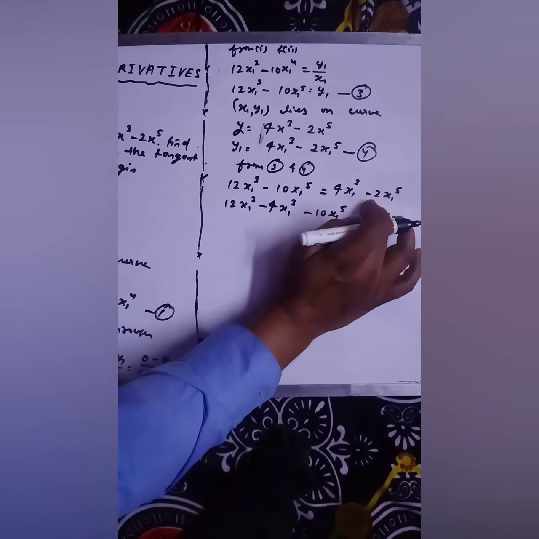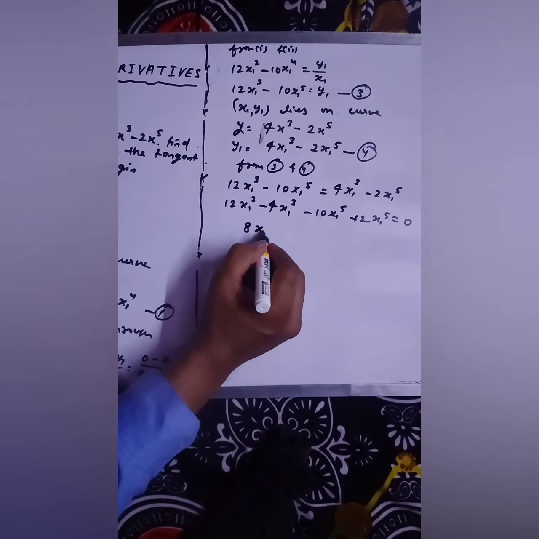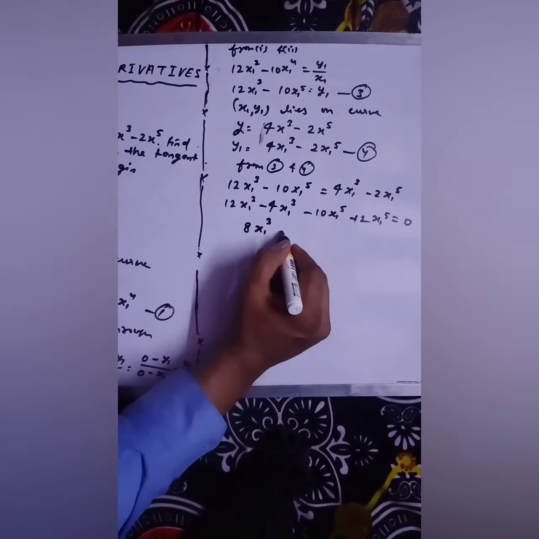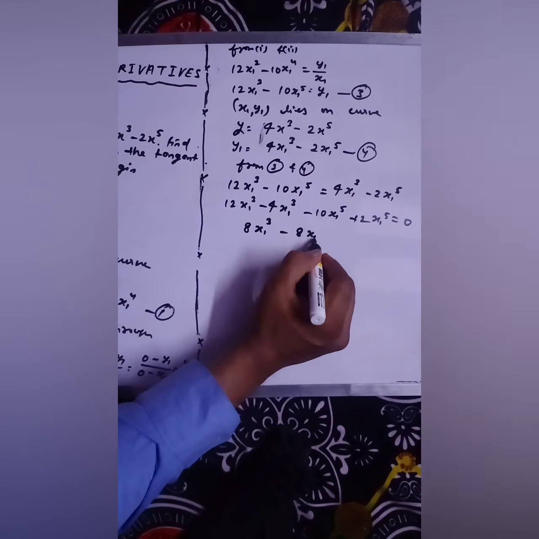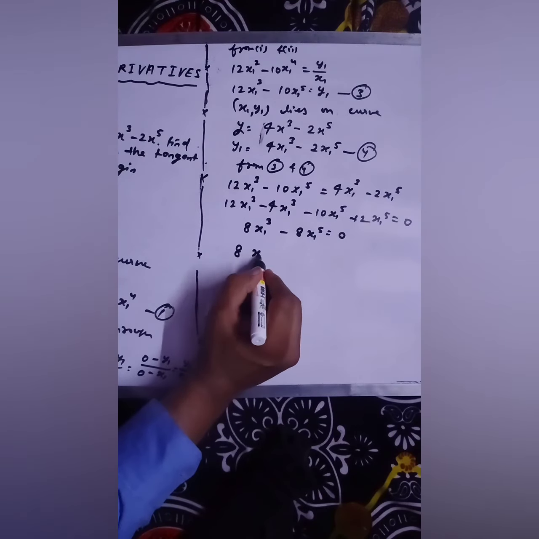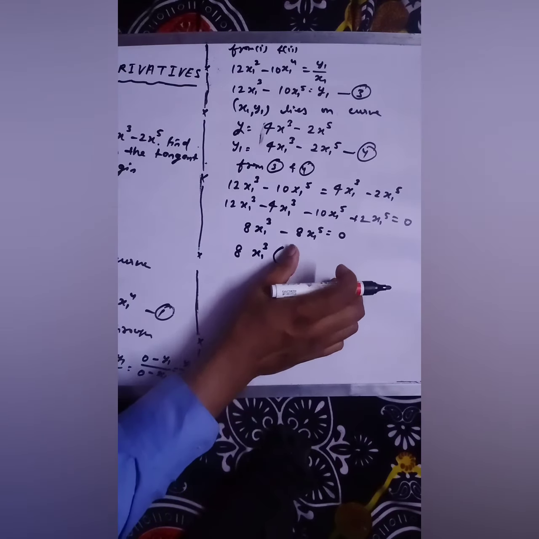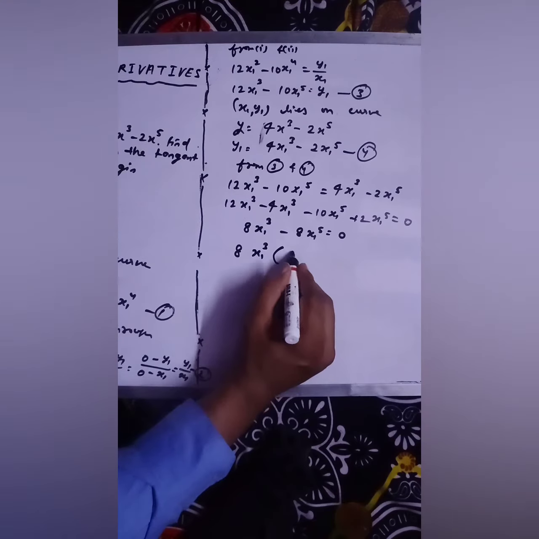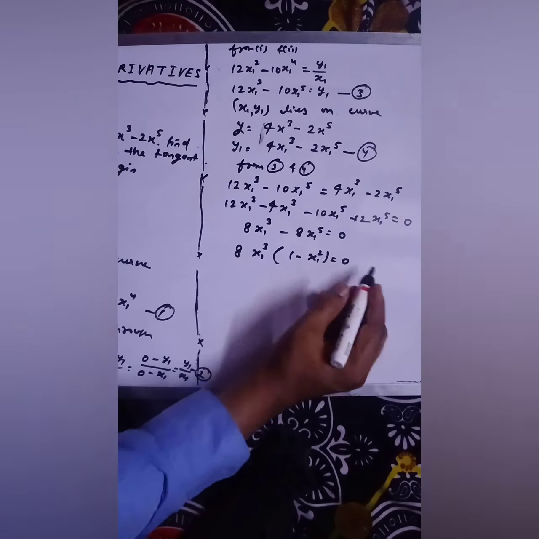We are taking all these on the left hand side. So this would be 8x1 cube minus 8x1, that is equal to 0. So you have to take 8x1 as common. So here you will get 1 minus x1 square, that is equal to 0.